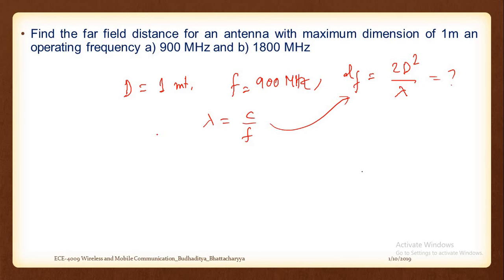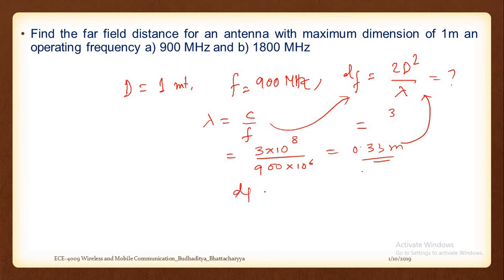6 point something, 6.06 or 6. So basically, let me give you one idea for people who are not able to get it. It is 900 into 10 to the power 6, so lambda will come around 0.33 meters. You substitute over here, and 2d square is 2 into 1 square.